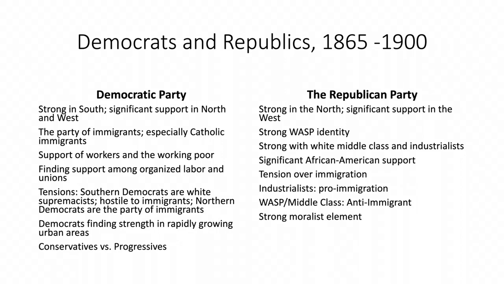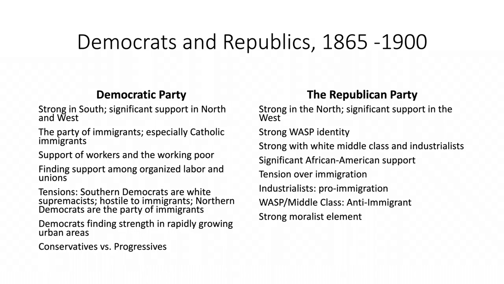The Democratic Party was strong in the South. This is the most geographically predictable political affiliation area of the country in the late 19th century. It is the party of segregation and white supremacy in the South. The Southern Democrats are the party of segregation.